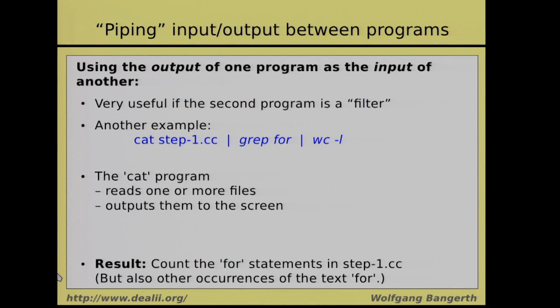So for example, a for loop, but also if I had a comment in which I say something about the format of a line, that would also be something that grep filters, of course. And then the rest of it goes into wc -l. So what I get as the output of this whole command line is the number of lines that contain 4 in step1.cc.